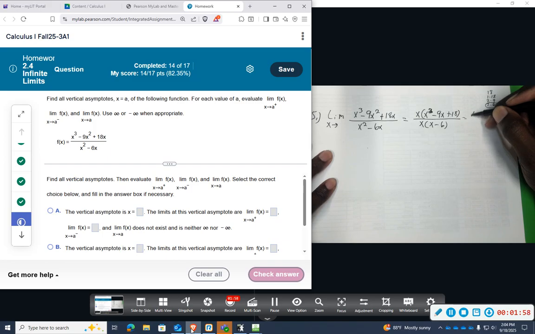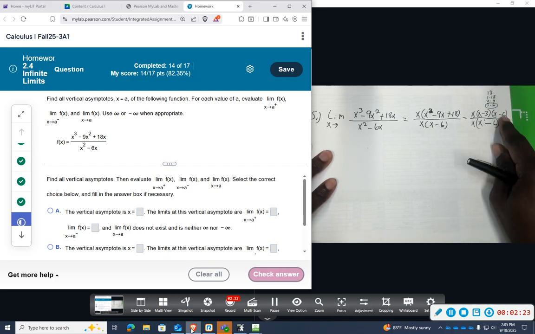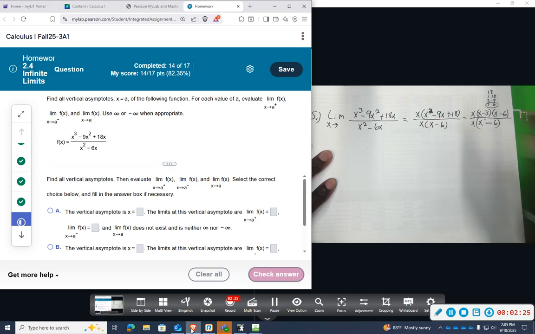So we'll write x, and then 2 sets of parentheses, x, and then our factors 3 and 6. On the bottom we still have our x, and then our x minus 6, and then our x. Okay, so the signs, first sign is going to be negative, and then both of them going to be minus. That way, negative 6 and 3 will add to give us a 9.